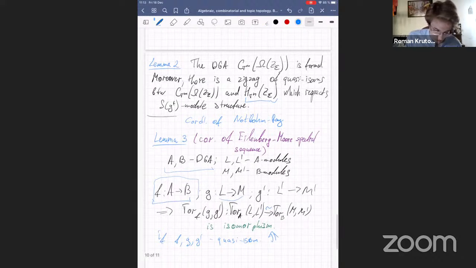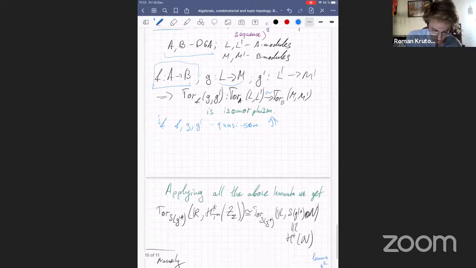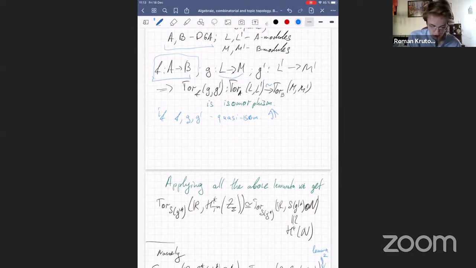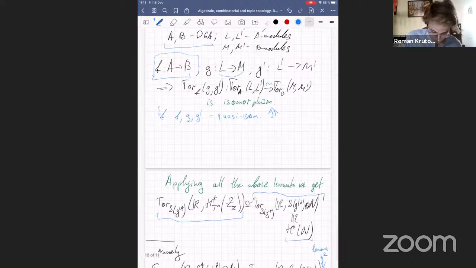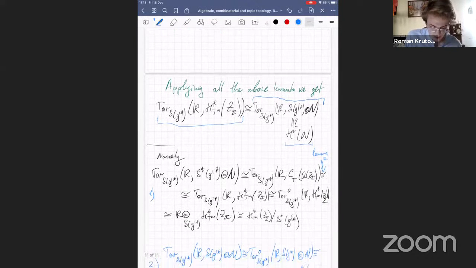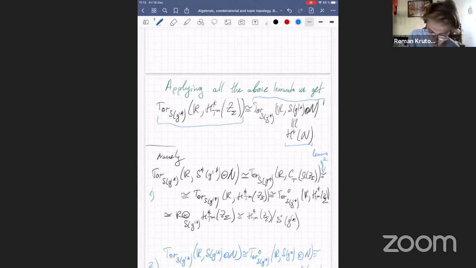So now we just have to recap all these lemmas above to show that there is a chain of isomorphisms, namely that such a Tor algebra is isomorphic to this Tor algebra, and this Tor algebra is isomorphic to H star N. So to go a little bit deeper into the details, first we consider this Tor algebra in the middle, and we first notice that this transition is just a rewriting of what's written here in terms of the Cartan algebra.